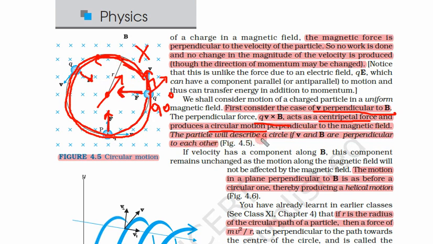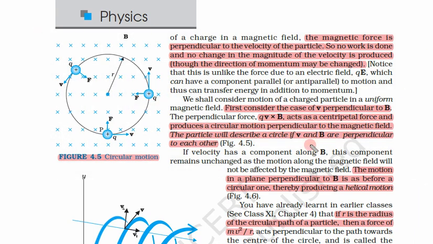Now the particle will describe a circle if V and B are perpendicular to each other. So this is the first case, where the particle will describe a circle.